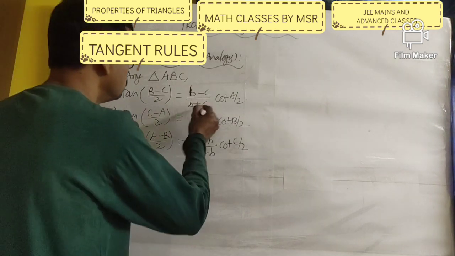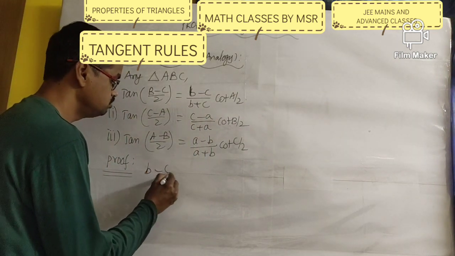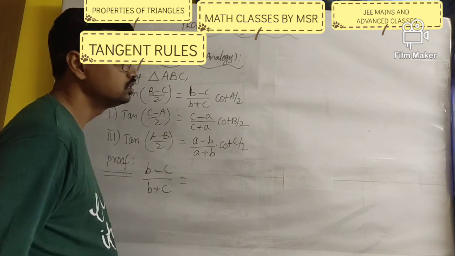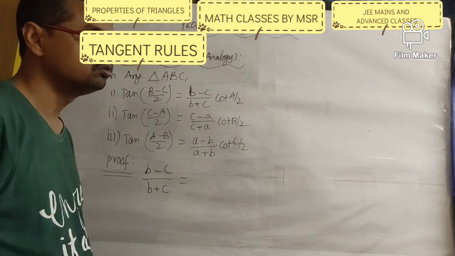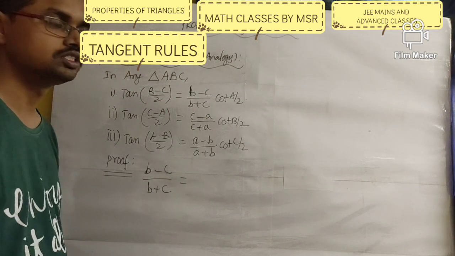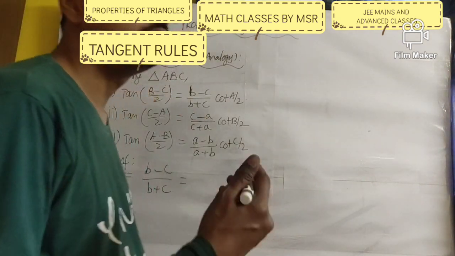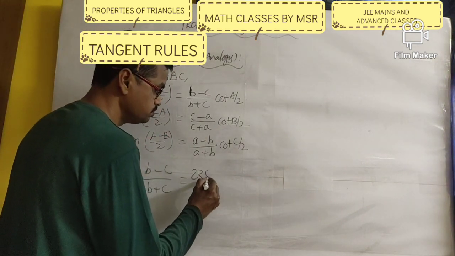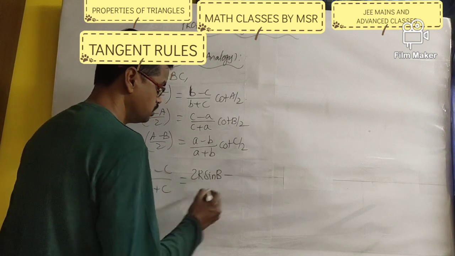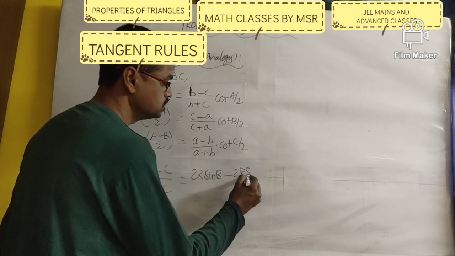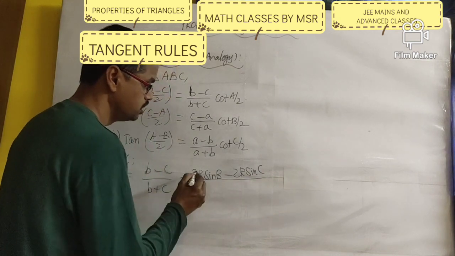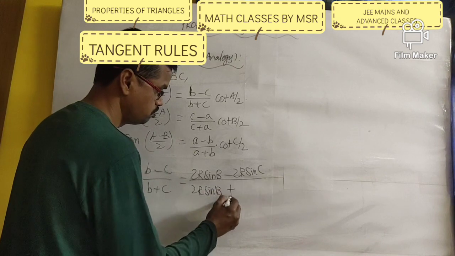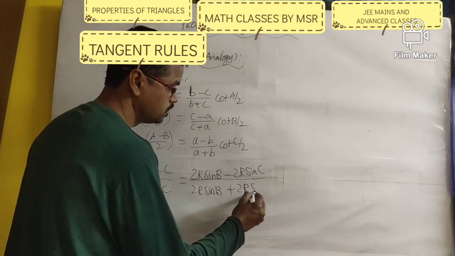Let us take the expression (b minus c) by (b plus c). We use the sine rule to prove this. That is, a equals 2r sin a, b equals 2r sin b, c equals 2r sin c. So in place of b I will write 2r sin b, minus c can be written as 2r sin c, by b can be written as 2r sin b, plus c can be written as 2r sin c.